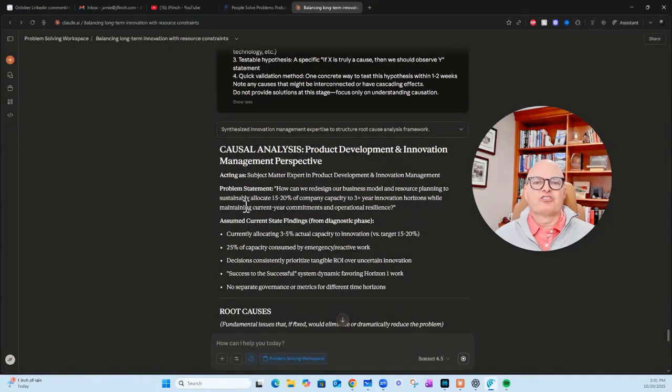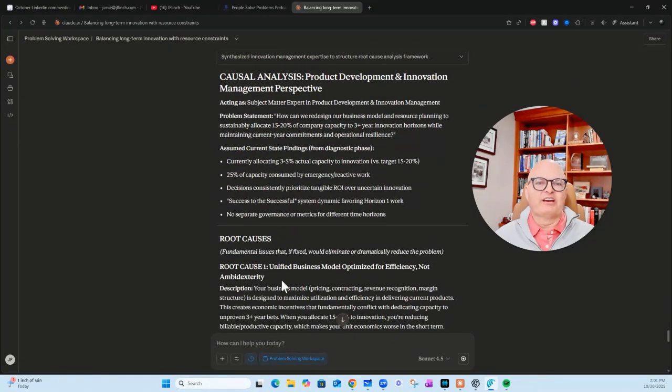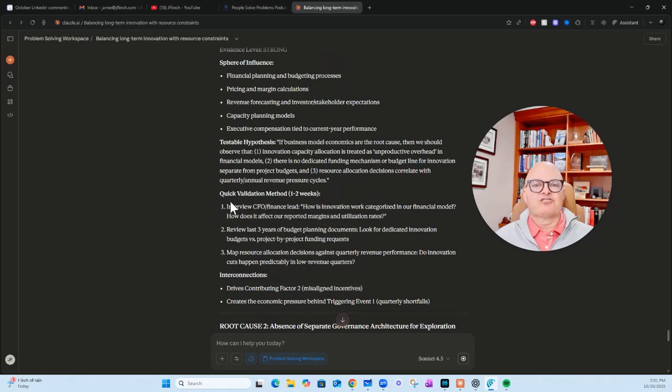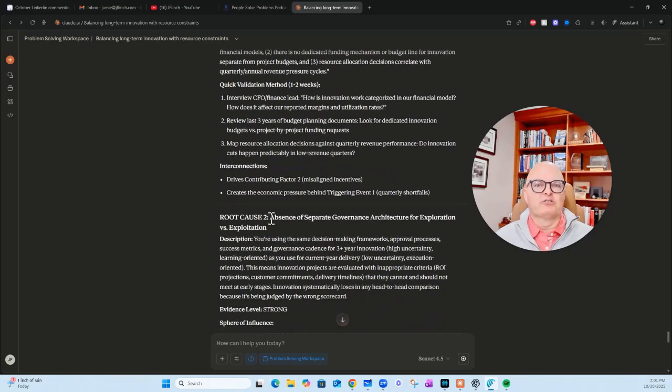All right, so it's going to give me some examples. Root cause number 1, unified business model optimized for efficiency, not ambidexterity. That makes sense, certainly very possible. Root cause number 2, absence of separate governance architecture for exploration versus exploitation. Very common. What's the ROI on exploration? Unknown.